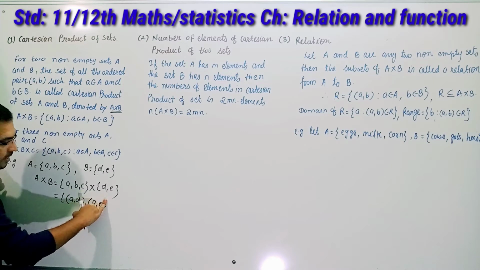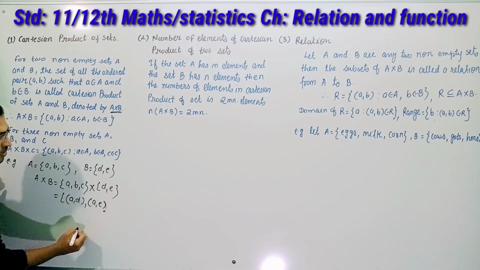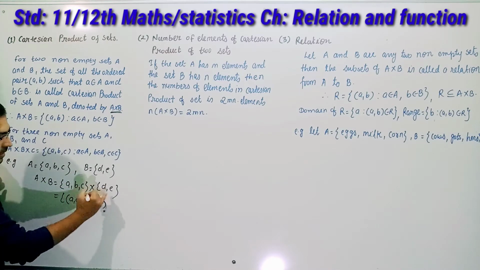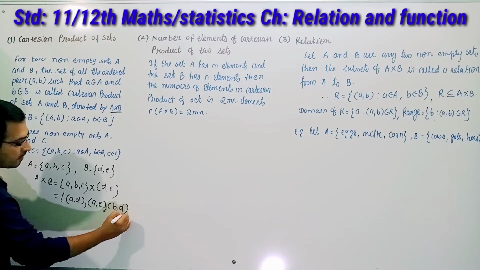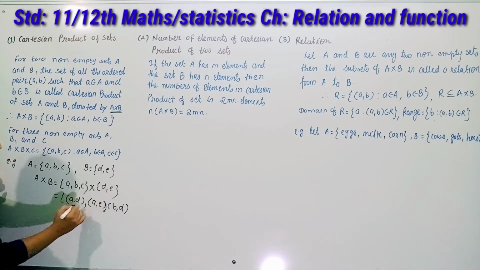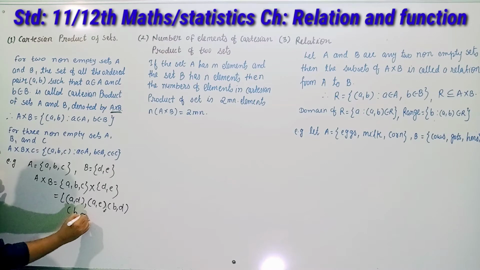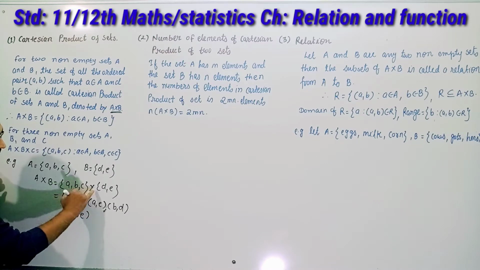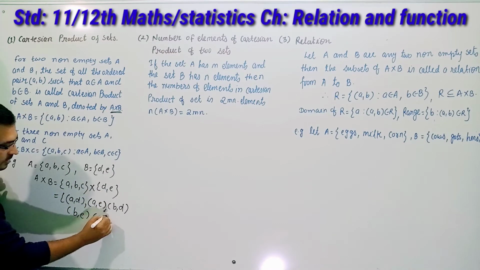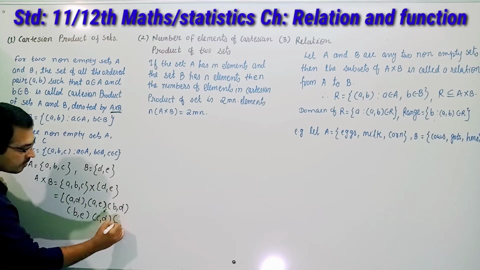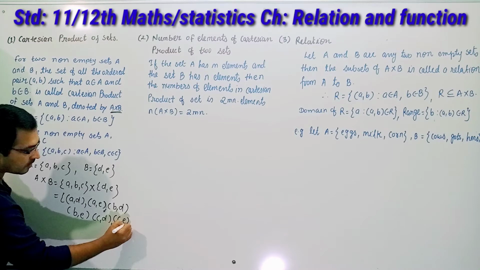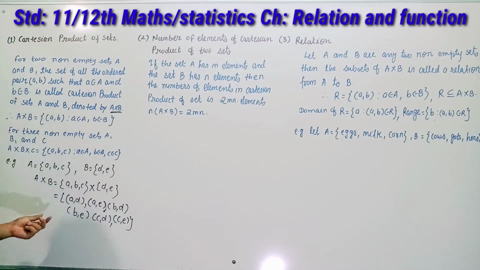Similarly (B, D), then (B, E), and (C, D). Finally the last ordered pair will be (C, E).